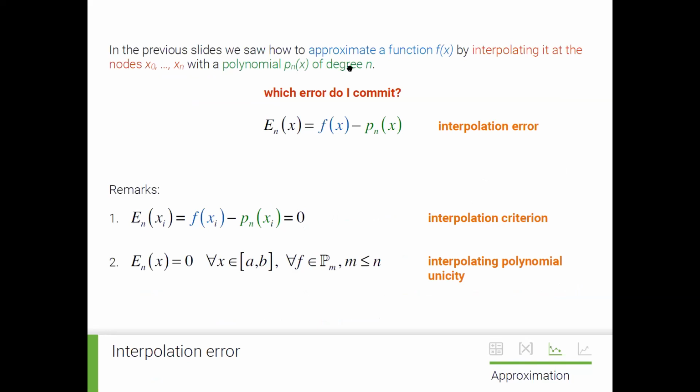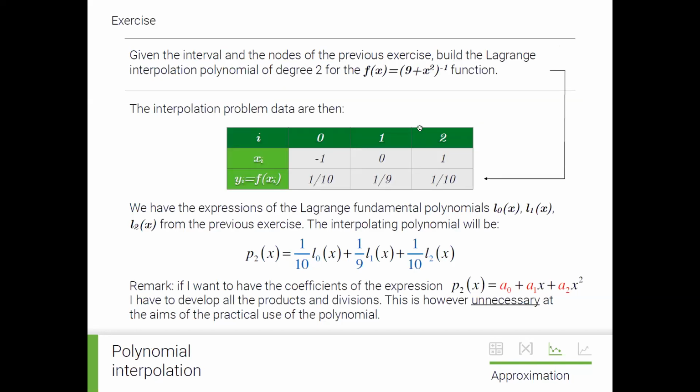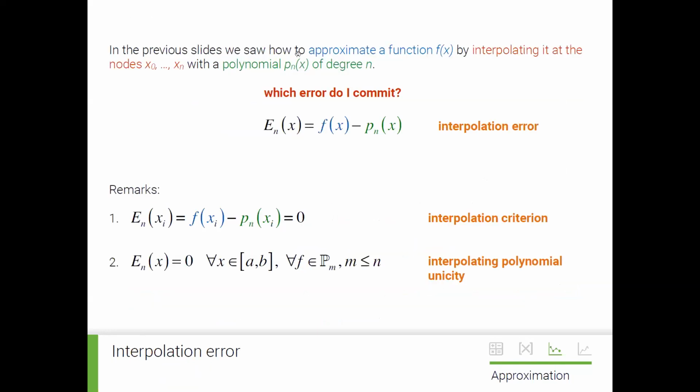So now we have nodes x0, x1, and x2. When we approximate our function by polynomials of degree n with nodes x0 to xn, we have some kind of error because this is not the exact function. This is an approximation of the function, close to our exact function.